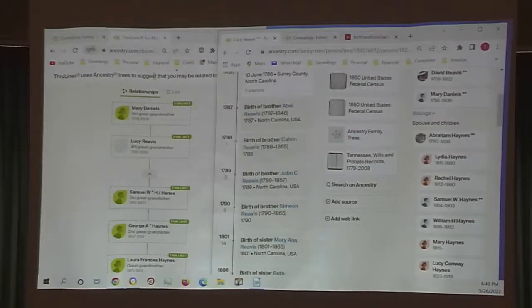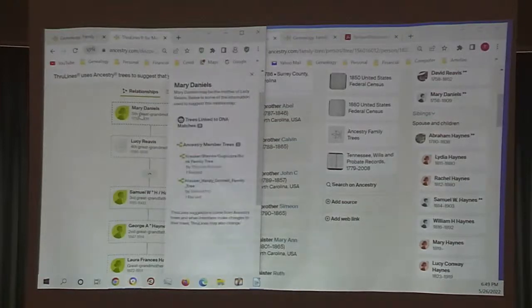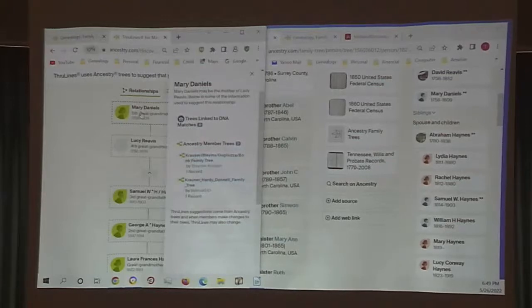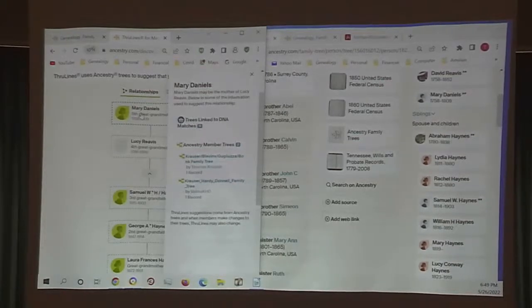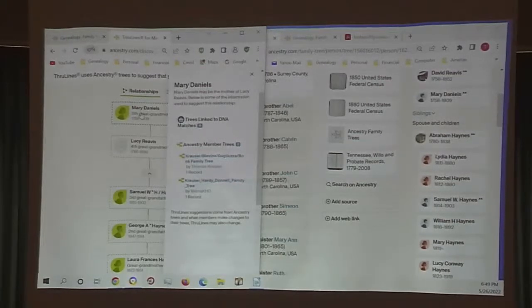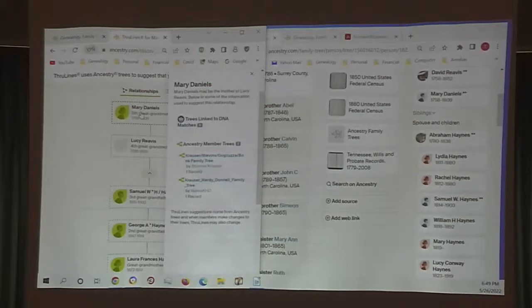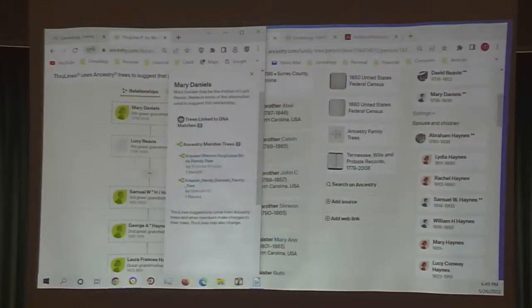By the way, when you're looking at the through lines, sometimes if you click on that, it brings up additional information and tells you what trees and stuff they may come out of. But it may also show you a middle name or something like that that's not in the left. Okay. Let's just look at one of these. So if I click on, here's Samuel W. Let me, I keep losing my cursor.